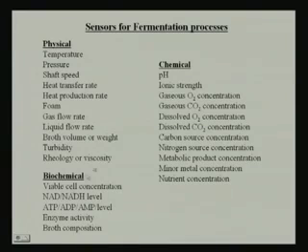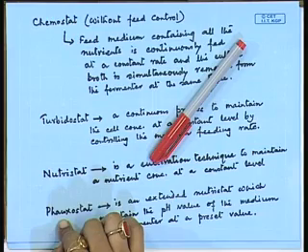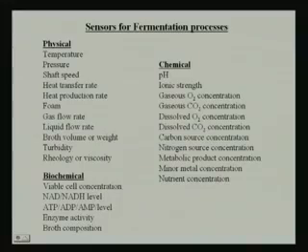When we are going for the chemical sensor, we can measure the pH, just as I have discussed about the Phosphostat. The pH should be maintained constant throughout the reactor, throughout the reaction time. So, when we are going for such type of fermentation, there should not be any change in the pH.